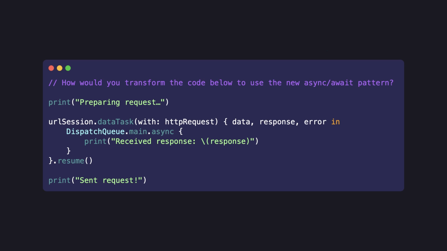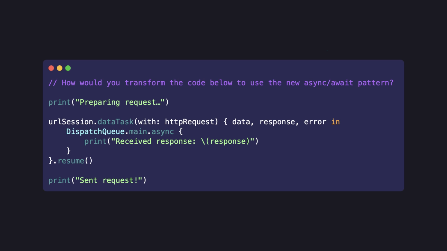And Edgar's, who wrote it all out: print preparing in a string, then start a new Swift 5.5 task block, like we talked about briefly, where we declare a tuple with underscore for the first parameter and let response for the second.